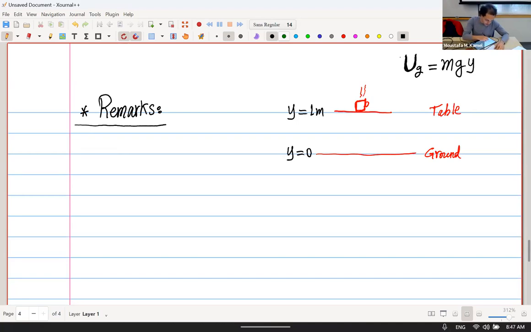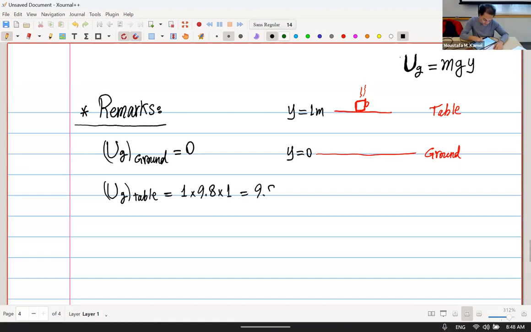That would give me that the potential energy at the ground is equal to 0, right? And potential energy at the table is equal to mg times y, like the mass of the cup. Let's assume the mass of the cup is 1 kilogram and y is 1. So this is just 1 times 9.8 times 1. So it's just 9.8 joules.